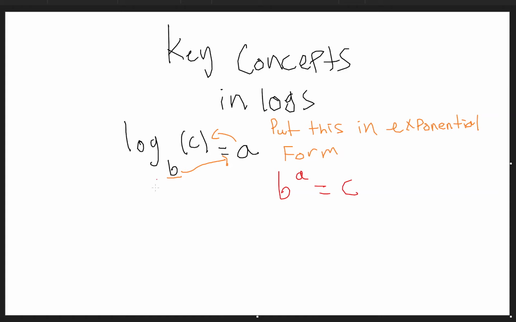If my explanation did not make sense, just look at where I move things around. You put the b here to the power of a, and we put that equal to c. B to the a, equal to c.